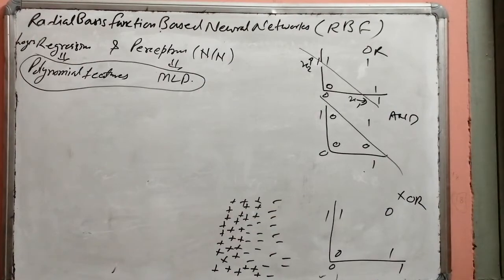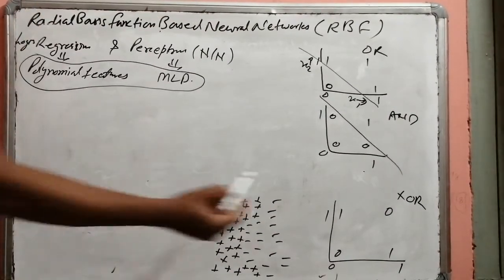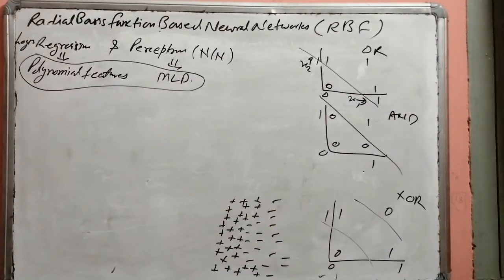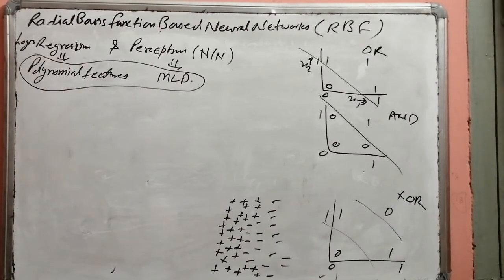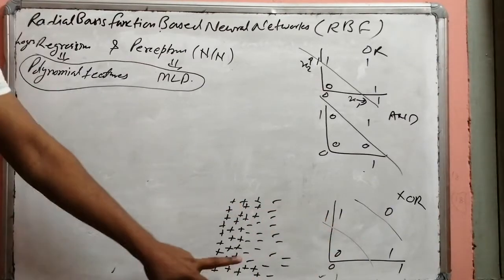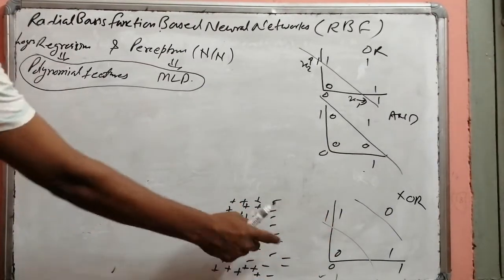Now look at the third, that is the graph for XOR. We cannot have a line that separates the zeros and ones. There is no single line that separates the zeros and ones. So it falls under non-linearly separable problems. Here too we have the classes of positives and negatives.